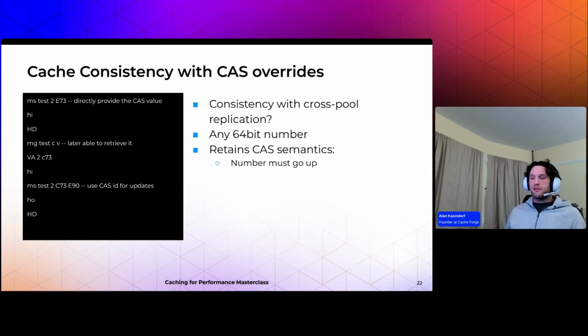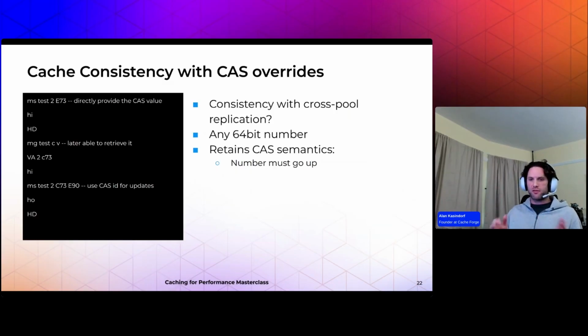And this lets you expand into multiple cache pool consistency. So now we have some way of saying if we have pools in availability zone A, availability zone B, or different data centers. Obviously, I said earlier that the CAS IDs are per server. They are incrementing numbers, so each Memcached has its own set of CAS IDs.